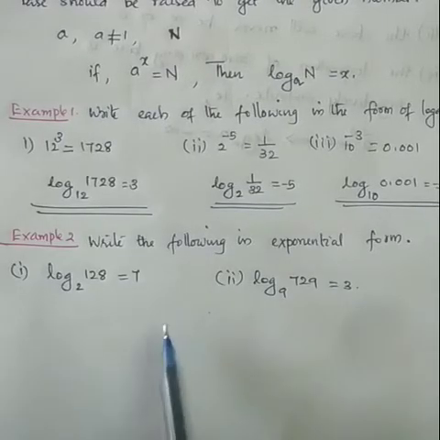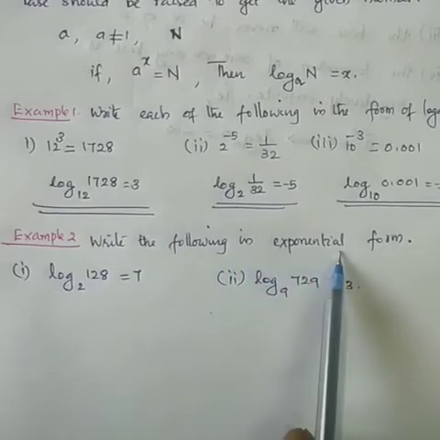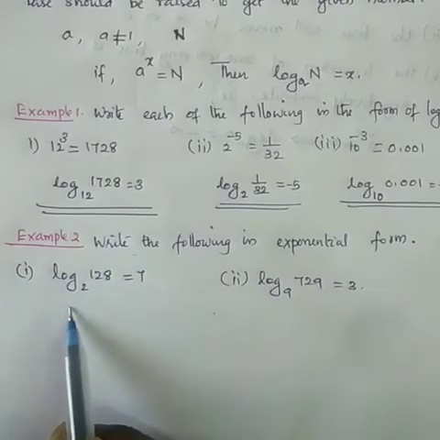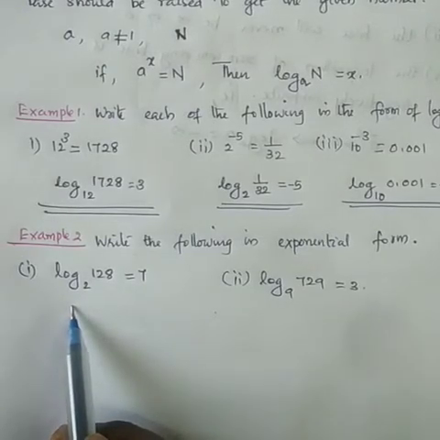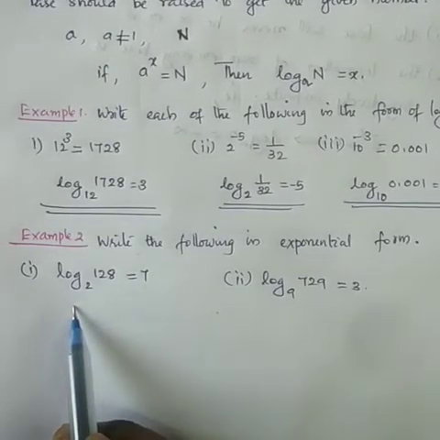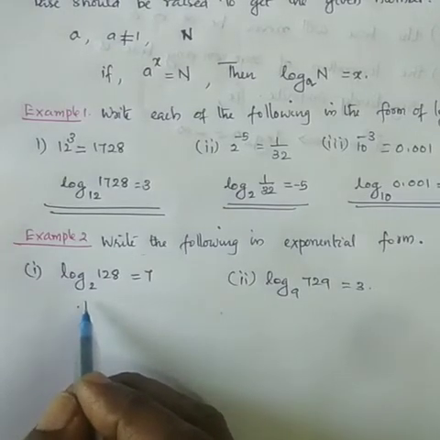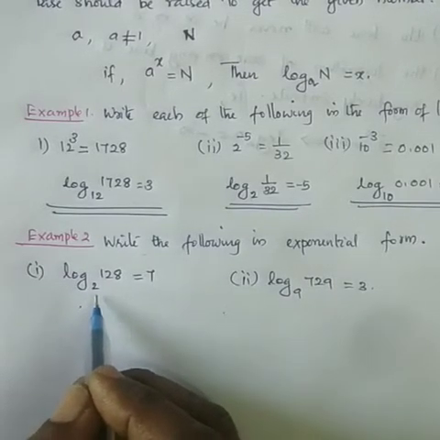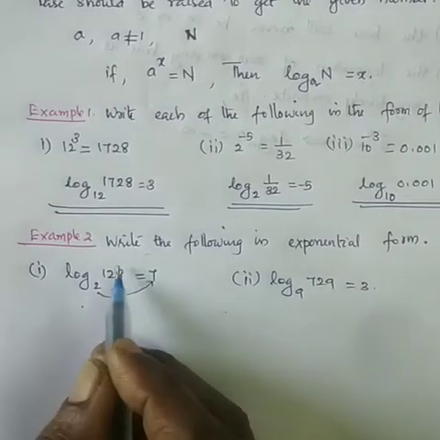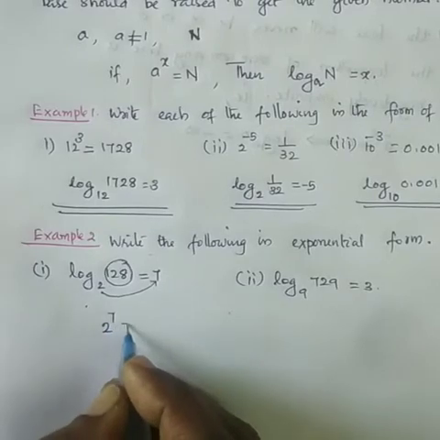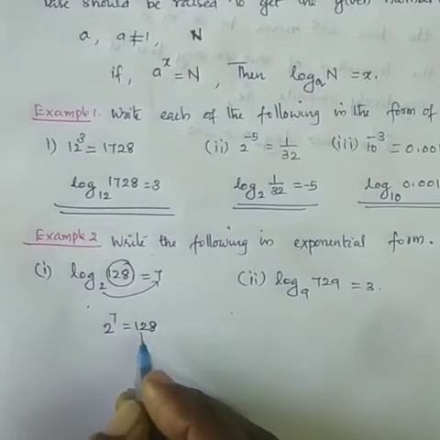Another one. Write the following in exponential form. First one, log 128 to the base 2 equals 7. By definition, we can write this as 2 raised to 7 equals 128.